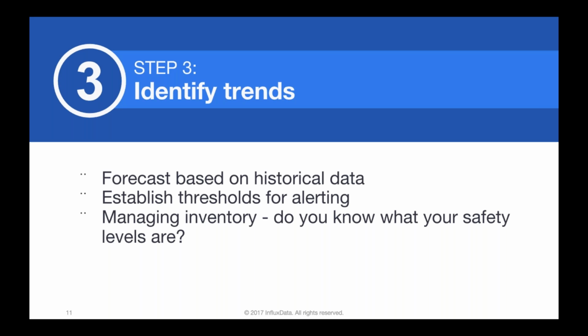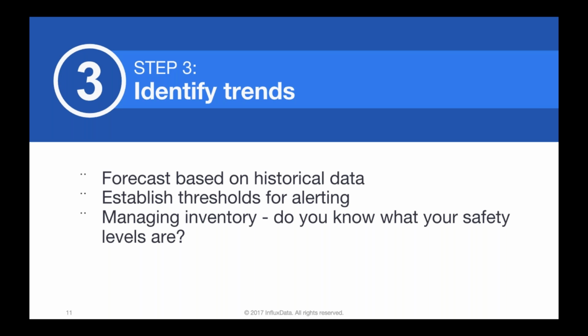And then step 3 is really about identifying trends in the data, right? So now you've started collecting, you've started to see what normal operating procedure is for the past week, the past month, however long makes sense. Now you can start identifying trends in that data and becoming a little smarter. These trends would really establish thresholds for building out your alerting infrastructure. Figuring out what levels are appropriate, and understanding, is this steadily increasing?